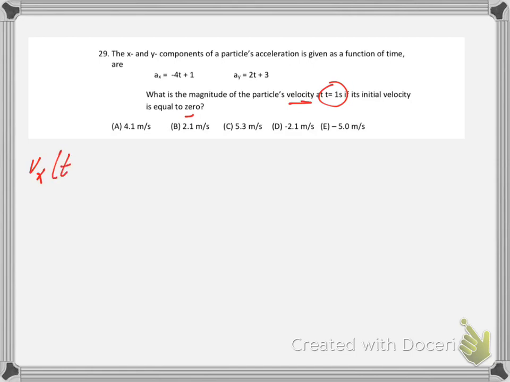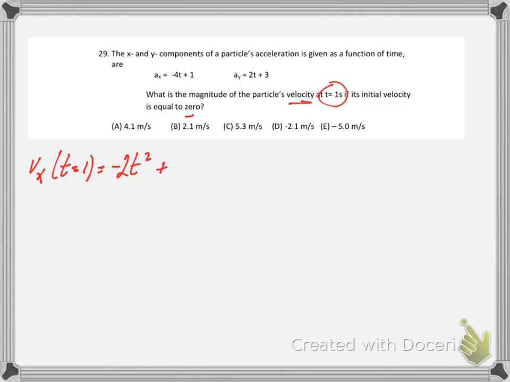At time equals 1 second. So to integrate that, we have to increase the exponent and divide the coefficient by the new exponent, so -4 divided by 2. All right.